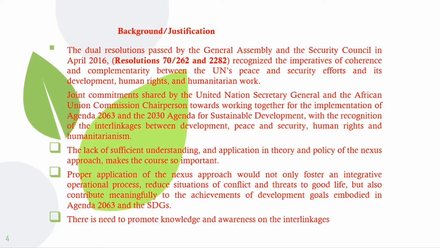Joint commitments shared by the United Nations Secretary General and the African Union Commission Chairperson towards working together for the implementation of Agenda 2063 and the 2030 Agenda for Sustainable Development, with the recognition of the interlinkages between the pillars that I had mentioned earlier on.